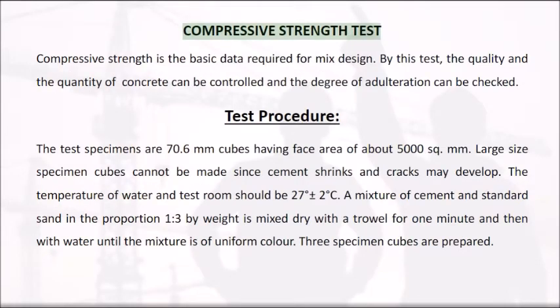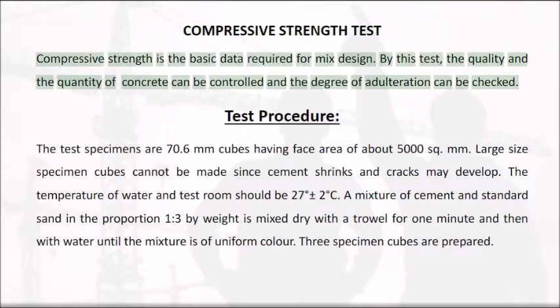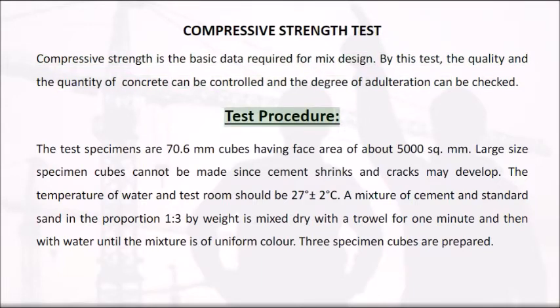Compressive strength test. Compressive strength is the basic data required for mix design. By this test, the quality and the quantity of concrete can be controlled and the degree of adulteration can be checked. Test procedure.